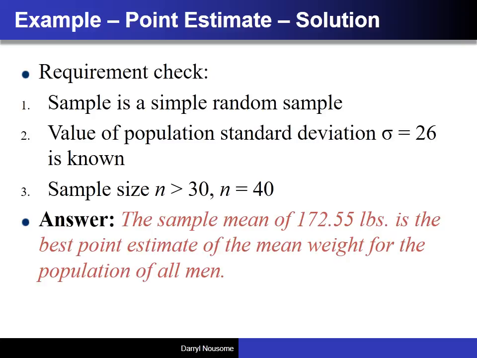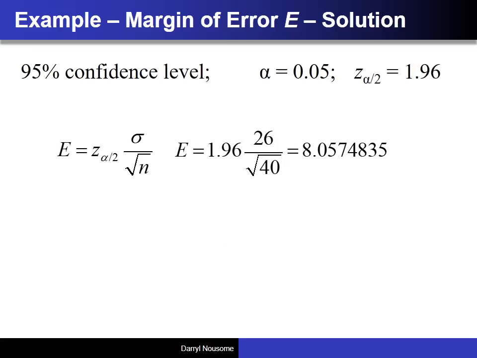The sample mean is 172.55, which is the best point estimate for the mean weight of all men in the population. From our sample of 40, we're saying it represents the true population value of 172.55.